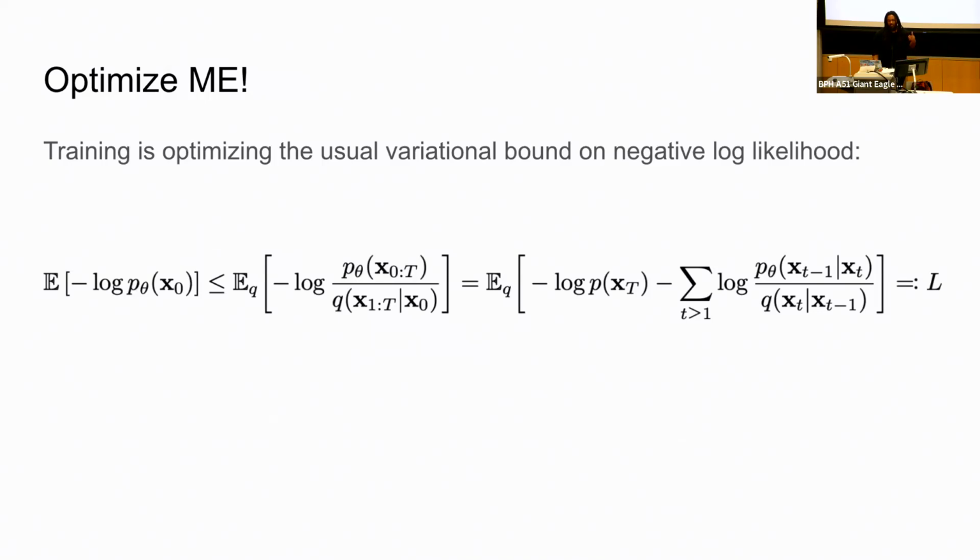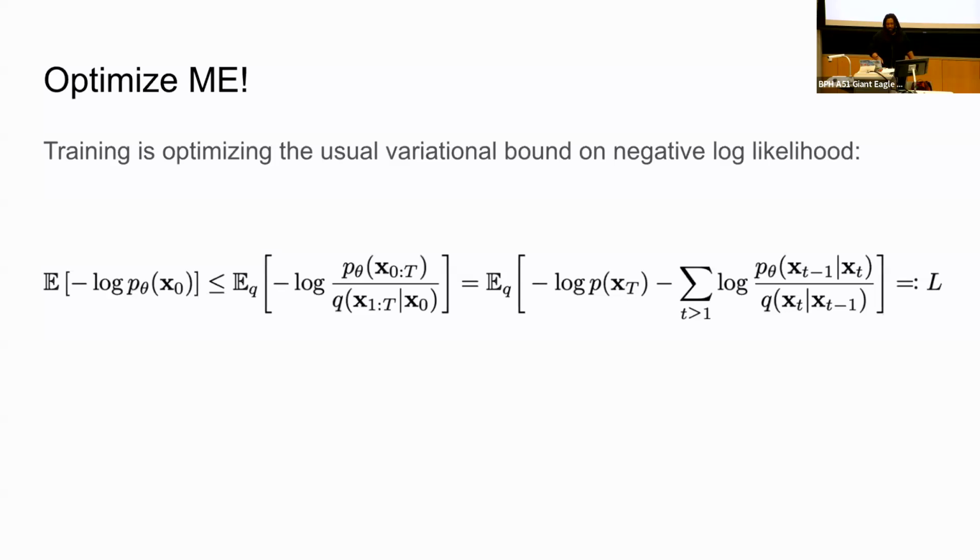So here, this is optimizing our variational bound on a negative log likelihood. We can't do that directly because we don't know that space, but we do know that it's less than our ELBO, or the opposite of our ELBO.